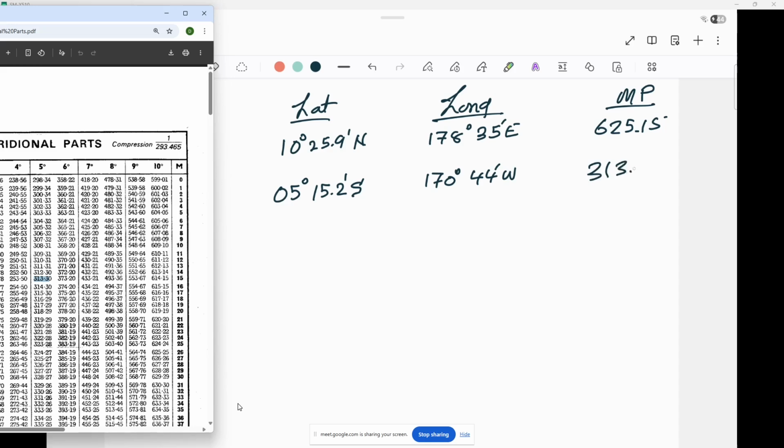What we need is 15 and 16. For 15, the value is 313 decimal 30, and the next one is 314 decimal 30.